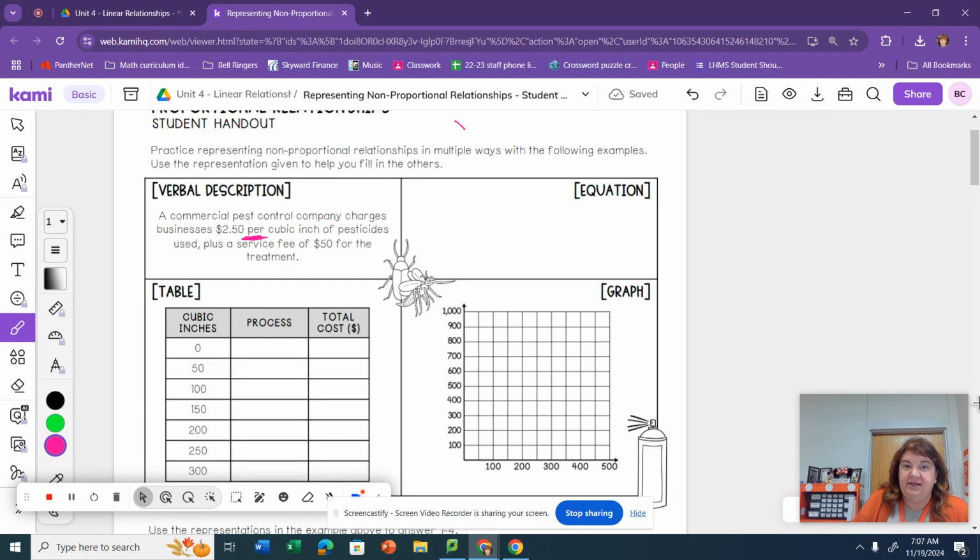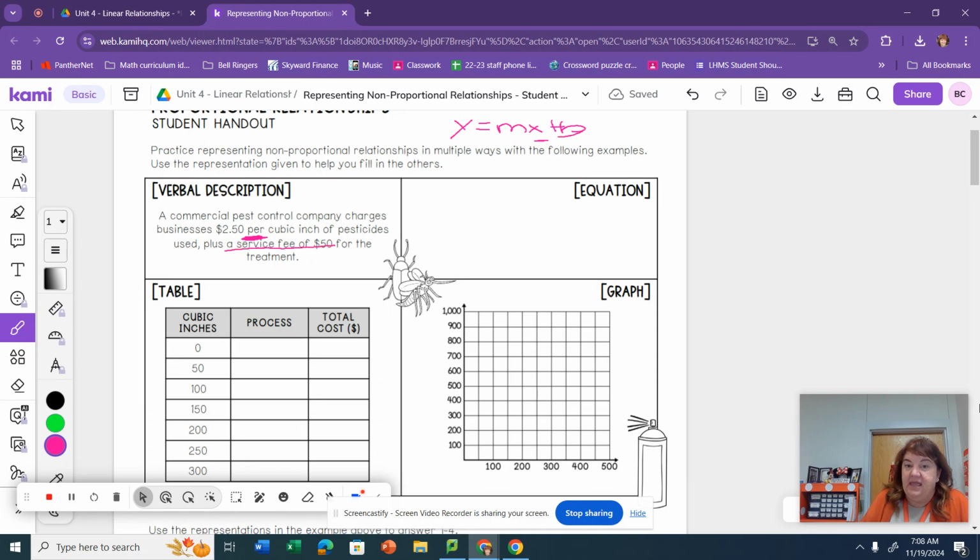So if we're looking at a non-proportional relationship, we're looking at y equals mx plus b. And the per is going to go with the x because that per is going to multiply with how many. And then you have your flat rate or your service fee.